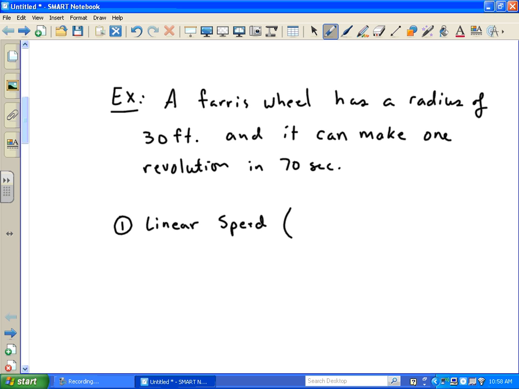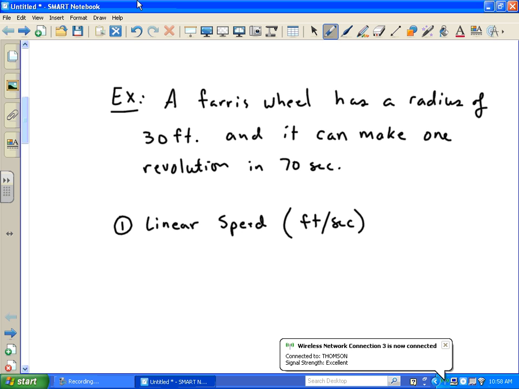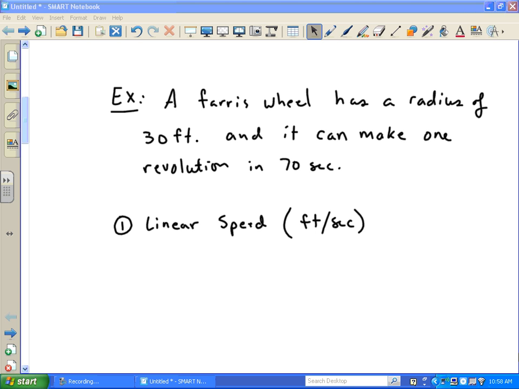So you see here that they've given you 30 feet and they've given you 70 seconds, and so linear speed is going to be in feet per second. If I want a different unit measure, then I will tell you. I will ask you, I want linear speed in miles per hour or something along those lines.